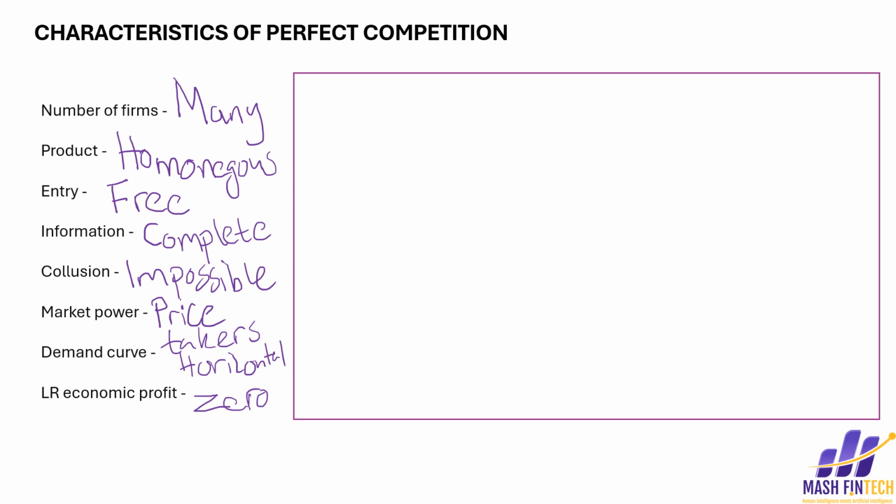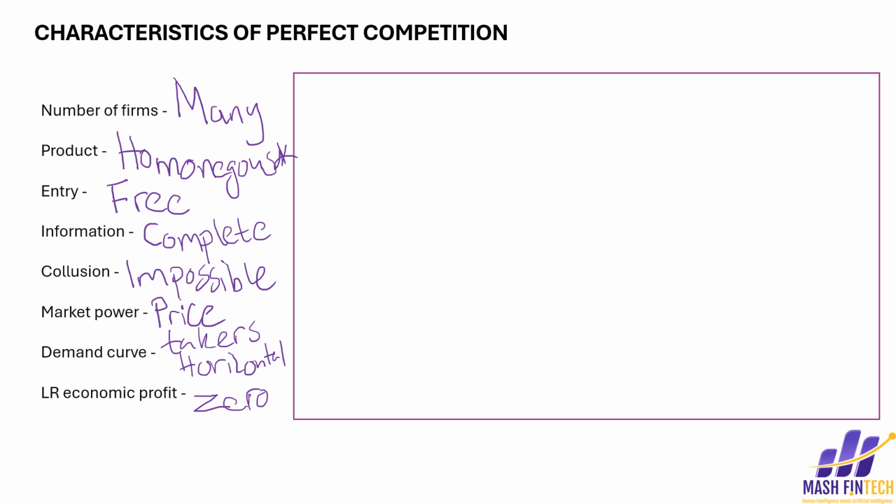Now, in a perfectly competitive market, the products that they sell are homogeneous, as we have pointed out here, which means they are exactly the same. And because the products are exactly the same, they are perfect substitutes. These products are perfect substitutes.